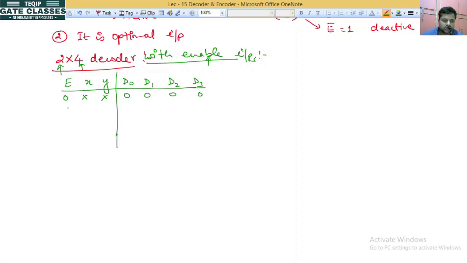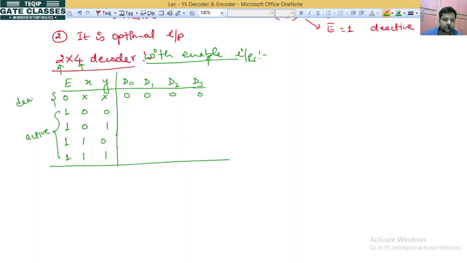But when it is 1, then these two inputs xy have 4 combinations: 00, 01, 10, 11. So the circuit is active in all these cases.